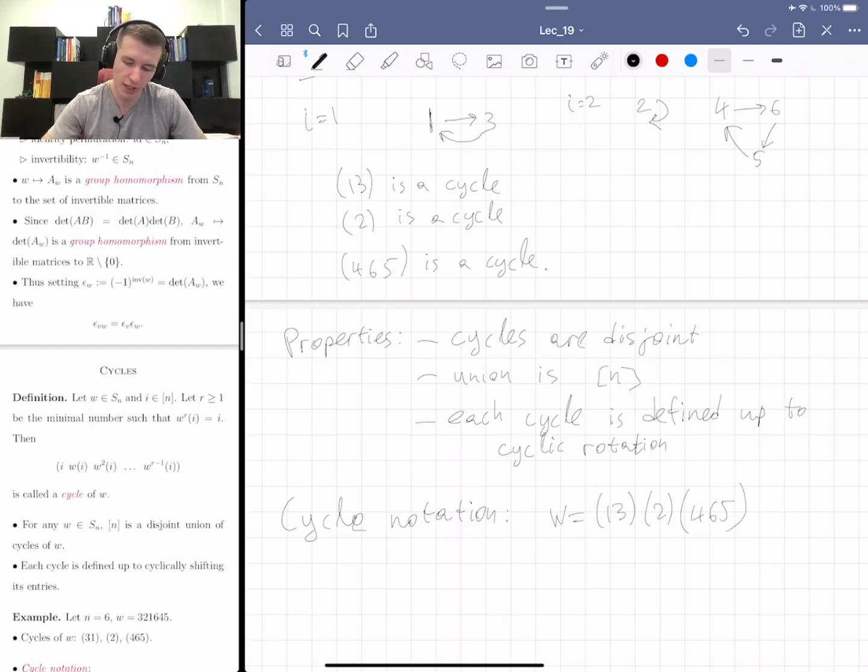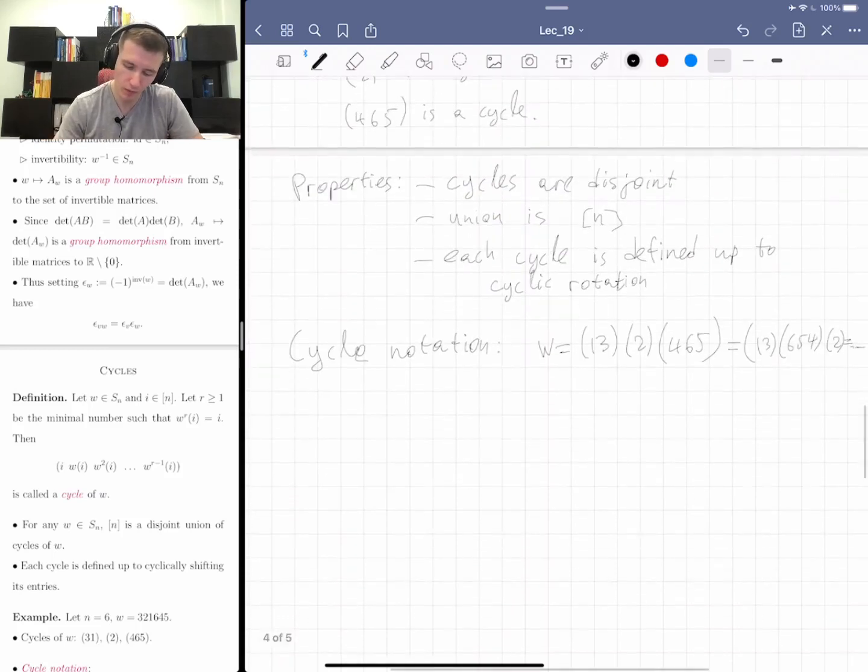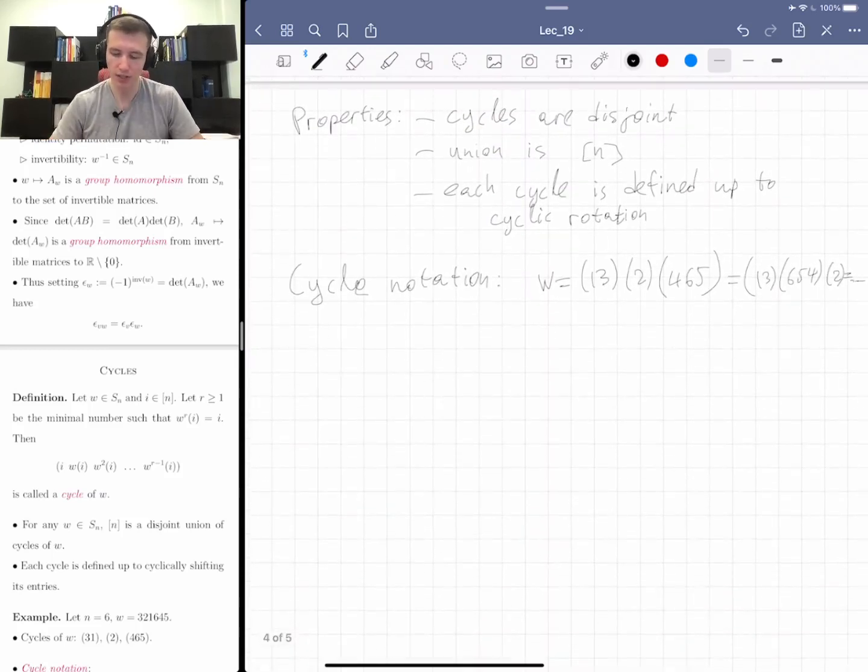So I just write all cycles together like this. Or I can permute the cycles, or I can permute the numbers in the cycle. So this is the same as (1, 3), maybe (6, 5, 4), and then (2), etc. So there are many ways to write down a cycle.